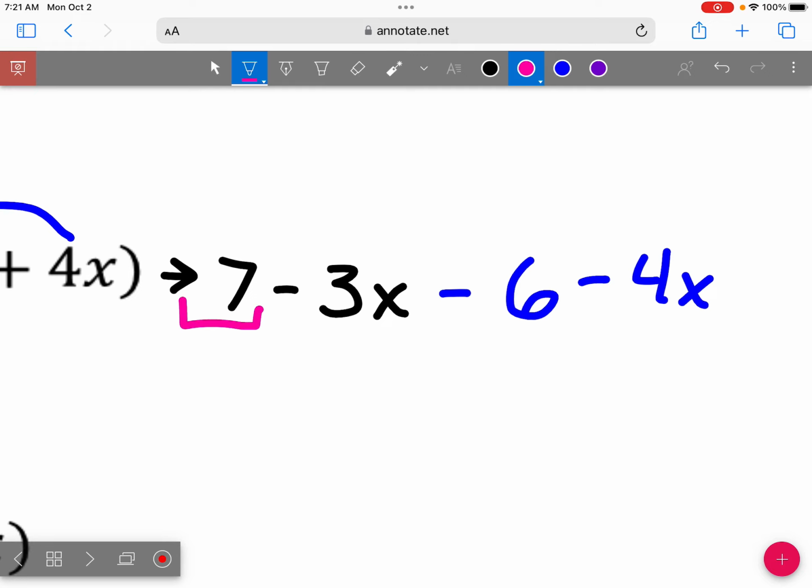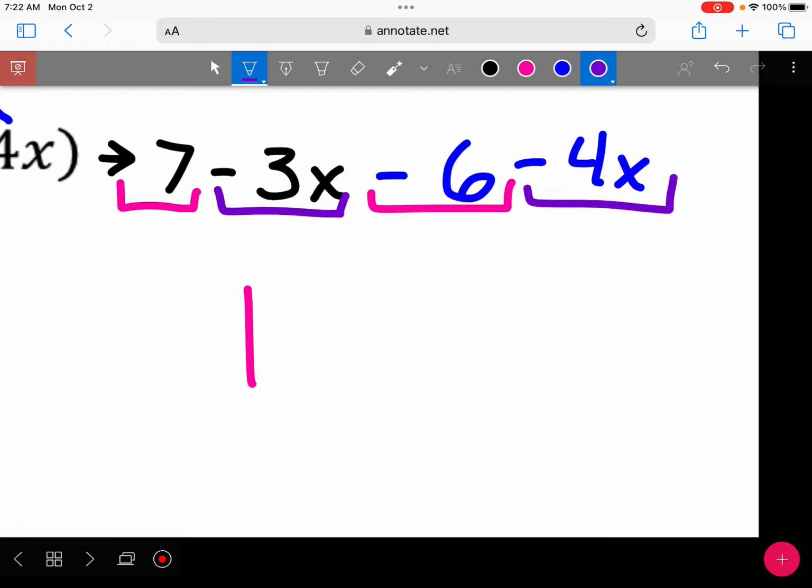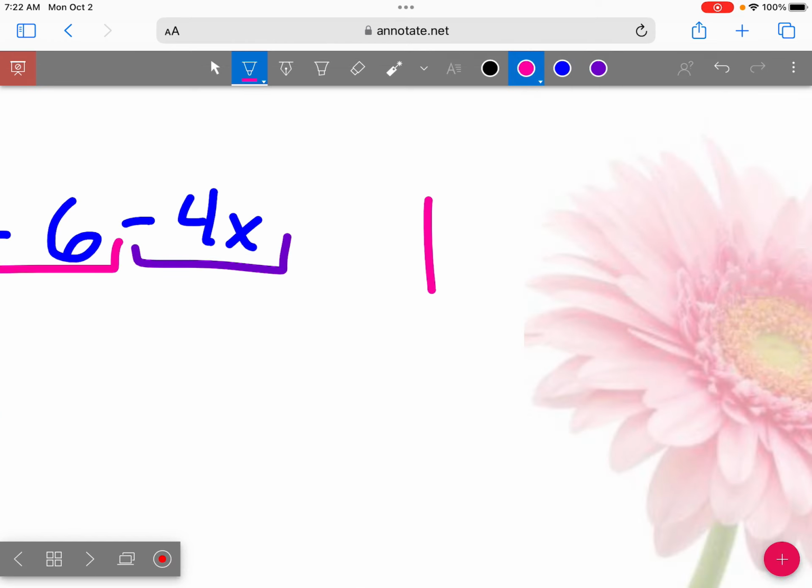I've got a 7 and a minus 6, leaving us with what? 1. And I have minus 3x and minus 4x. Yeah. 1 minus 7x is what we have.